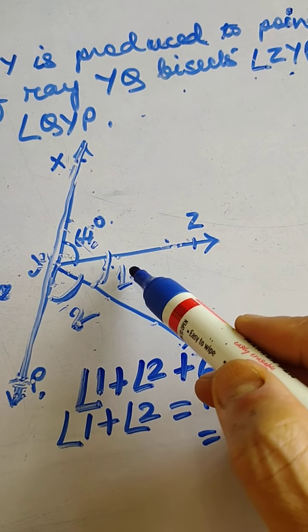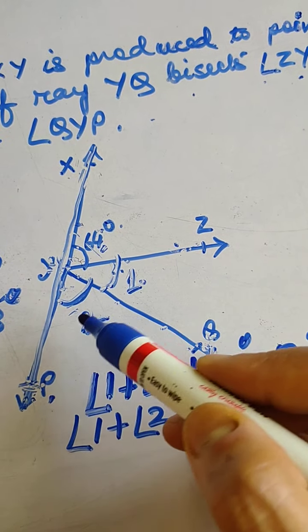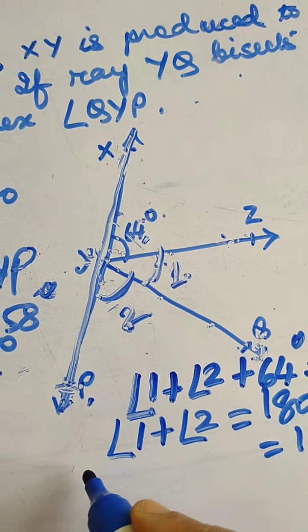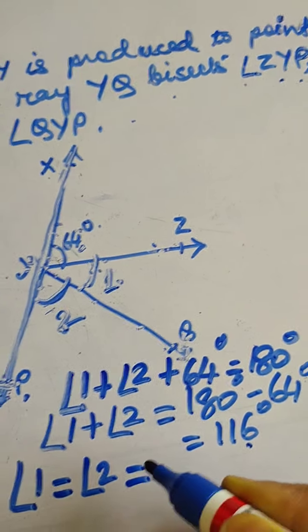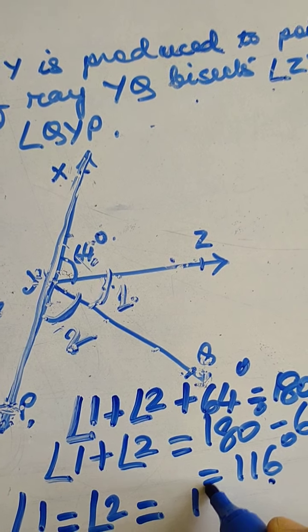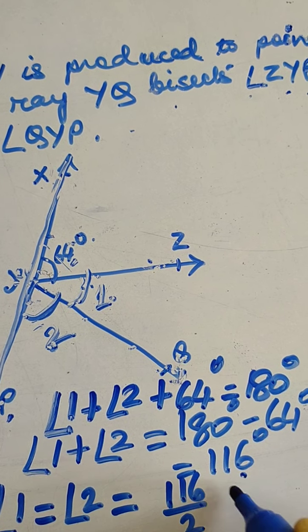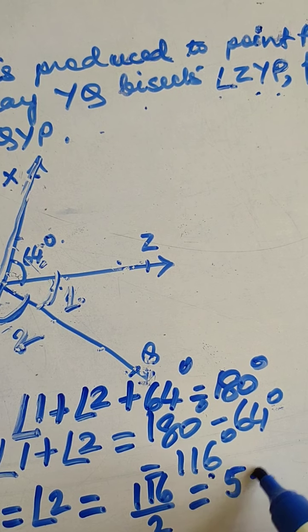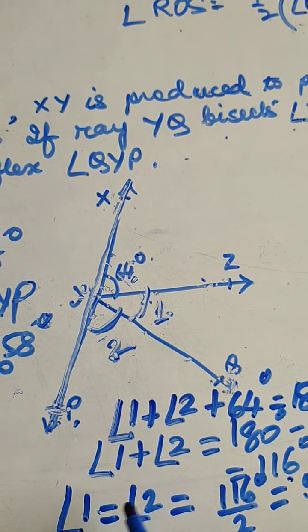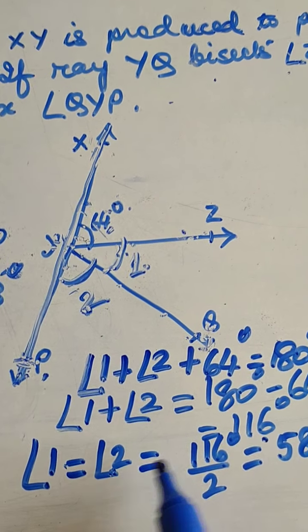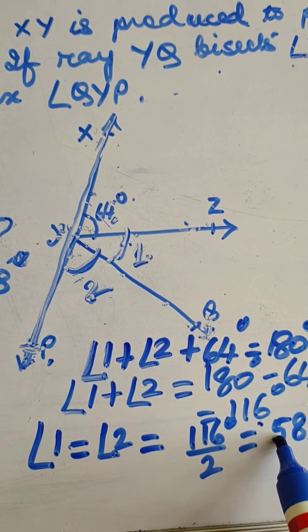Now we have already mentioned that angle 1 equal to angle 2. So what will be each angle then? Angle 1 will be equal to angle 2 is equal to, we get 116 by 2, that gives you 58 degree. So angle 1 is equal to angle 2 is equal to 58 degree.